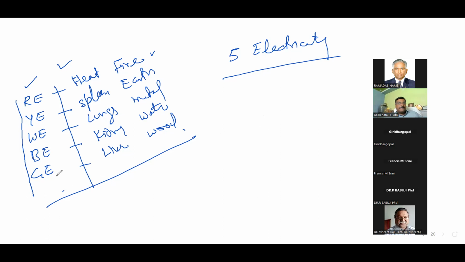different. For example, we use green electricity for any kind of pus formation, pus infection, or abscess. Here in this five element concept, we use green electricity for the liver.